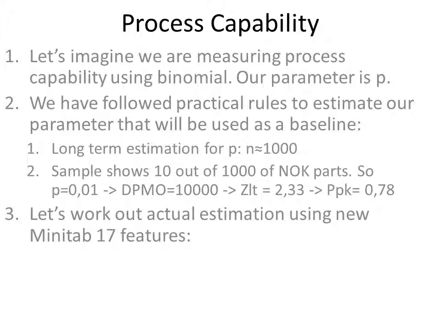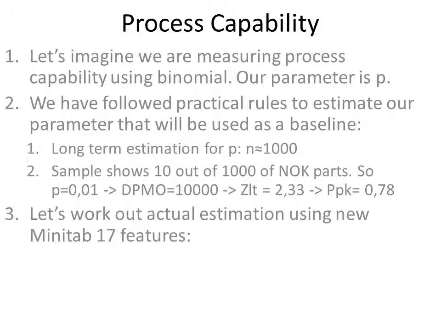For process capability using the parameter estimation tool, let's imagine we are measuring process capability using binomial. So our parameter would be the proportion P. We have followed practical rules to estimate our parameter that will be used as a baseline.